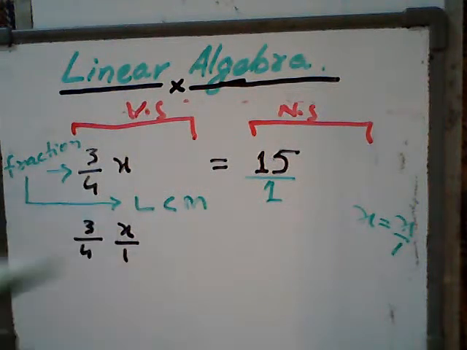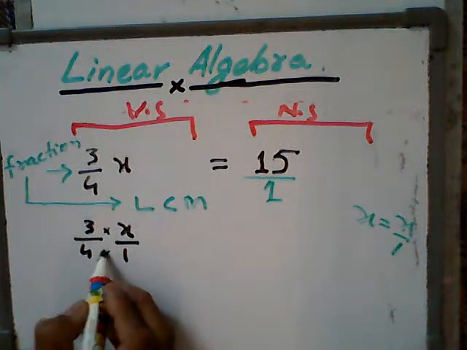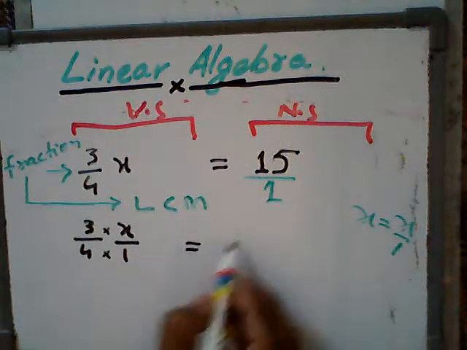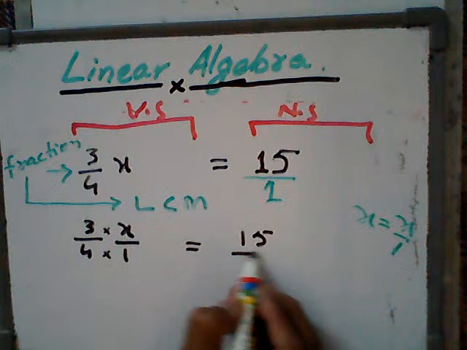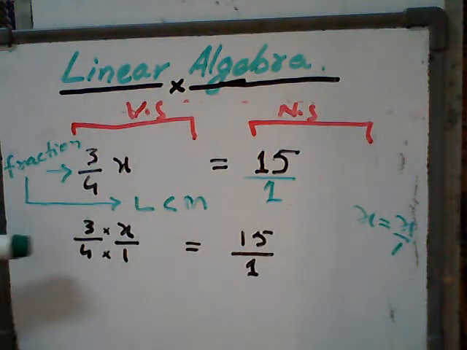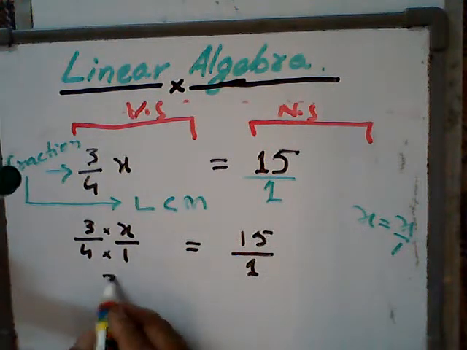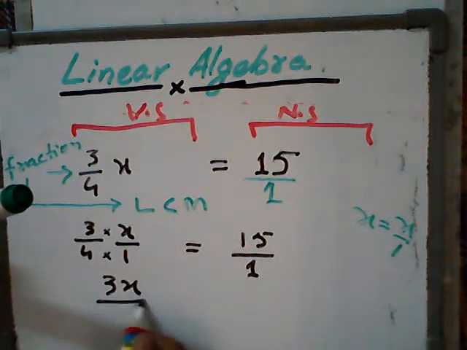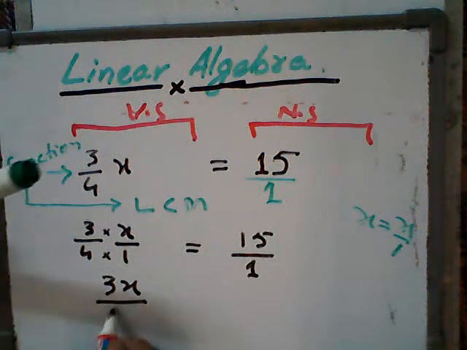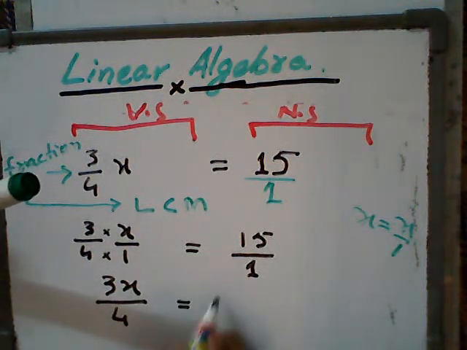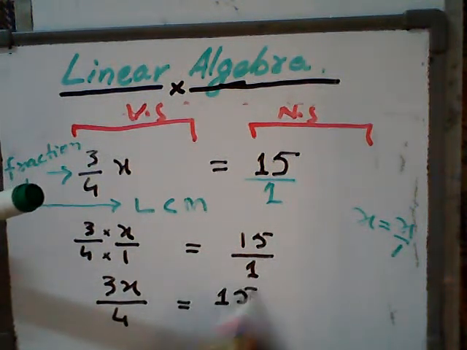If there is no sign between them, it means there is a multiply, and multiply is equal 15 over 1. So in short, we can multiply 3 multiplied by x as 3x over 4 ones are 4 is equal 15 over 1.